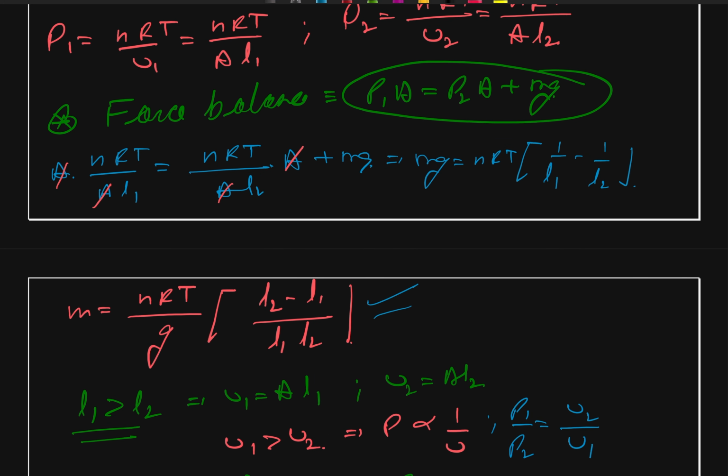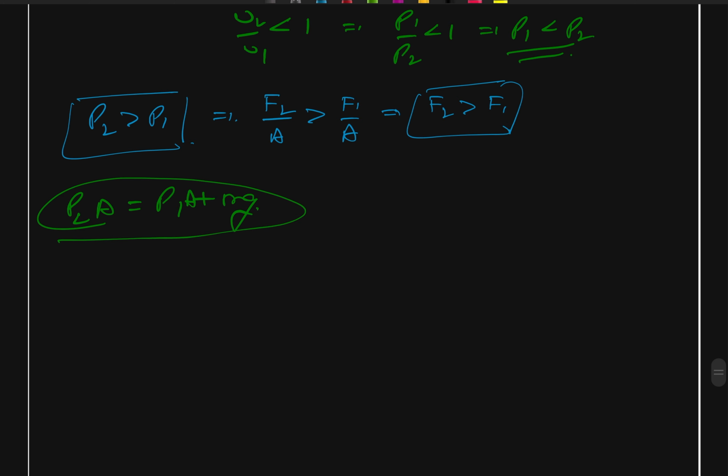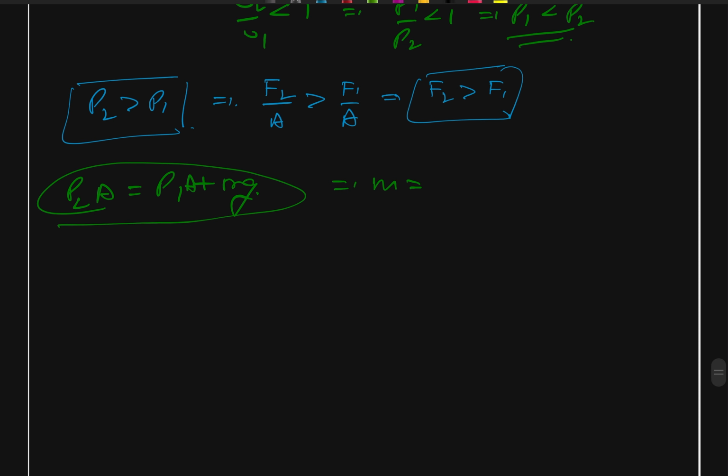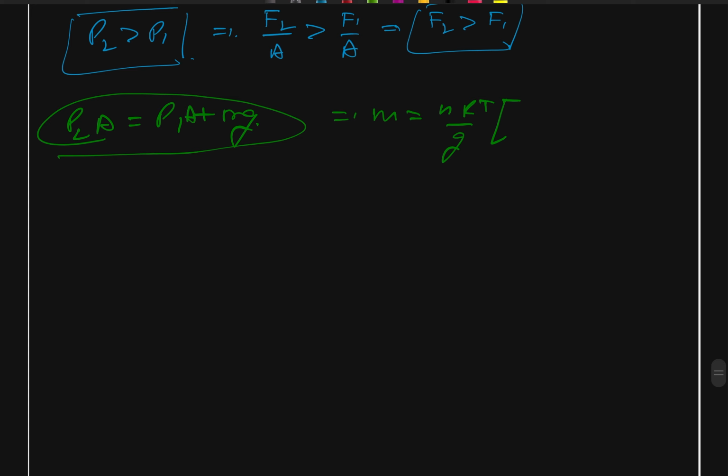This will be our same answer, so you can say our mass M is equal to nRT upon g, and we are having L1 minus L2 upon L1 L2.